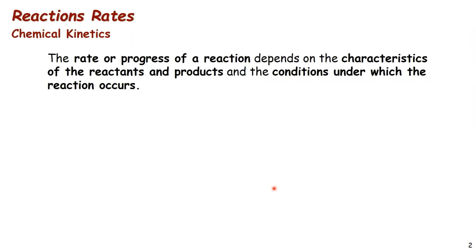You have very, very fast reactions, and some are very, very slow, and you've got anything in between as well, okay? And we're going to find out that it depends on the concentrations of reactants and products, including if a gas is involved. It could depend on pressures. If it's endothermic or exothermic, it'll depend on temperature.